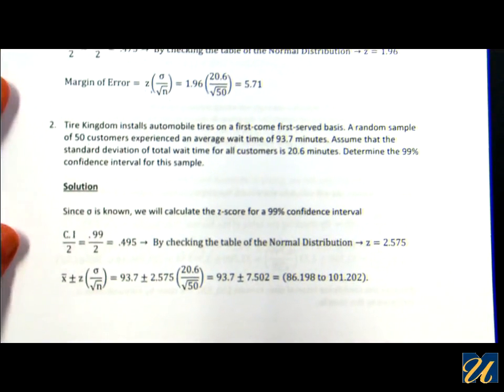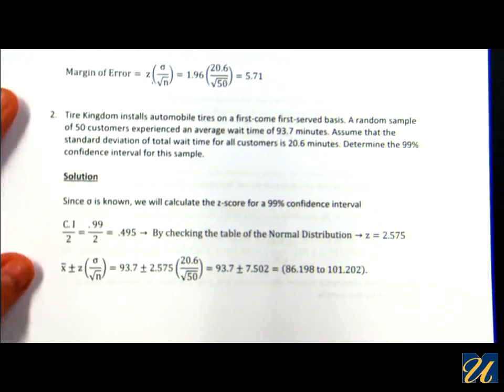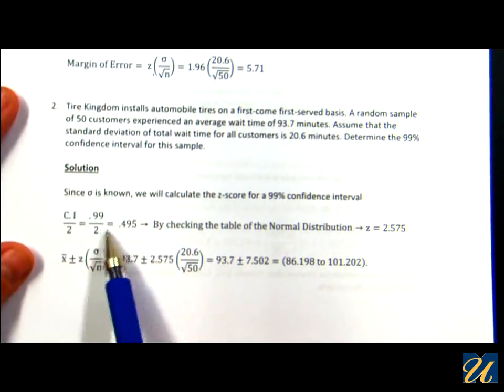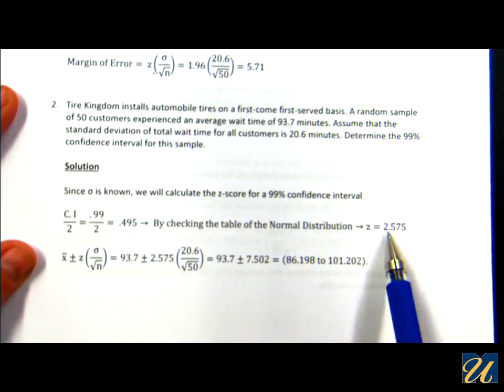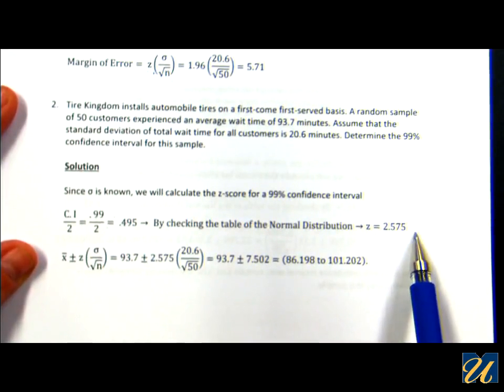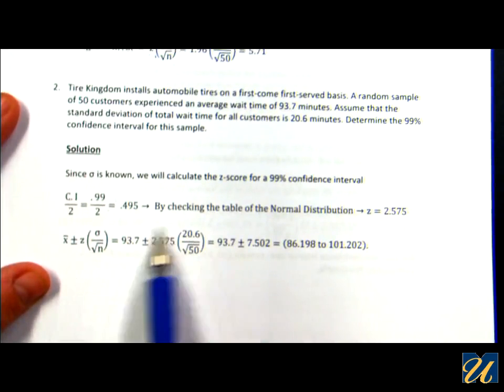Determine the 99% confidence interval for the sample. Once again, 0.99 divided by 2, 0.495, the corresponding z-value is 2.575. You plug in all the information that you have, everything else is given. Once you find the z-value, things are becoming very, very clear, and you do your calculations. Make sure when you do your calculations that you use your parentheses correctly.